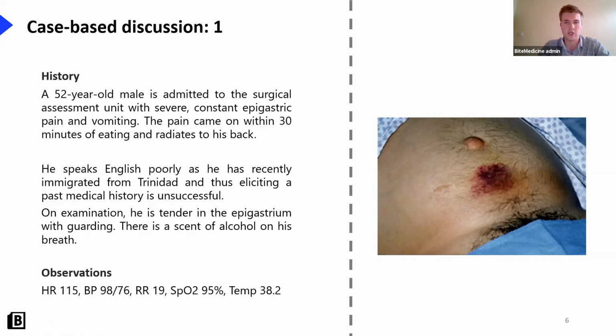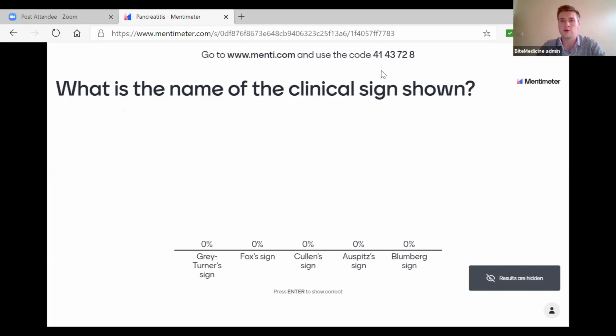Now, don't write in the chat what you think it is because it's going to be our first question. So if you go to menti.com, and I'll show you how to do that now. Use the code 41 43 72 8. You will be able to access all of our questions for today's webinar. The first refers to the clinical sign that was just shown previously.